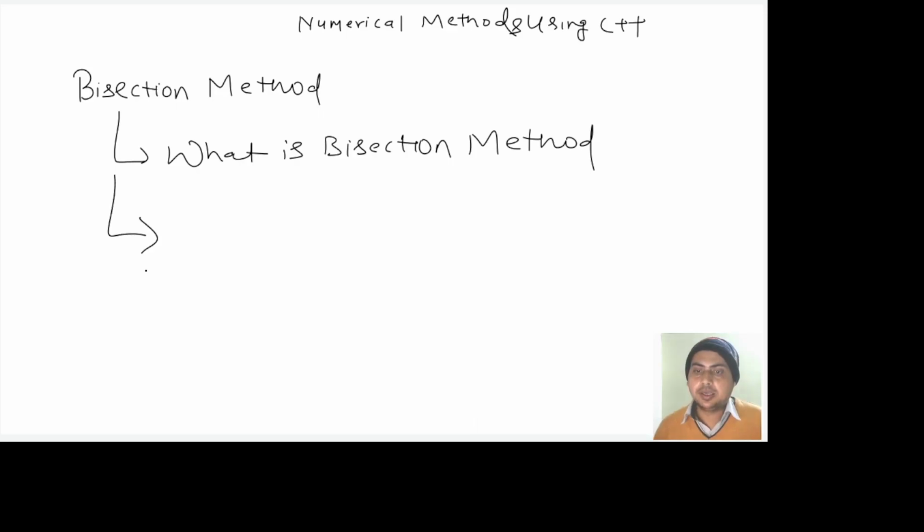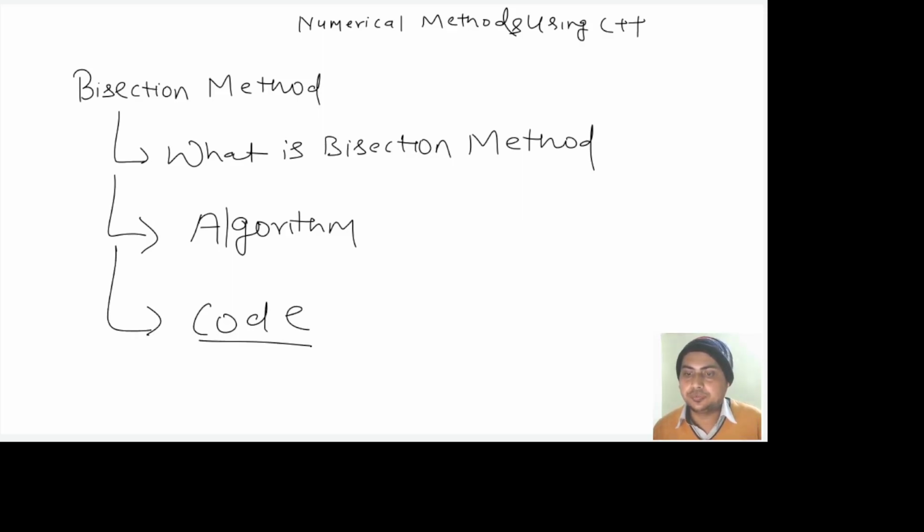Second, we will discuss the algorithm that we are going to implement in the bisection method. And third, we will actually code. In this lecture we will cover the first two points, and in the next separate lecture we are actually going to code in C++.